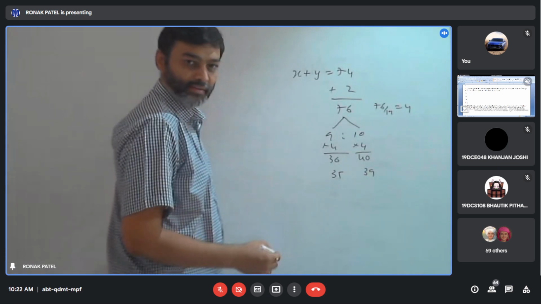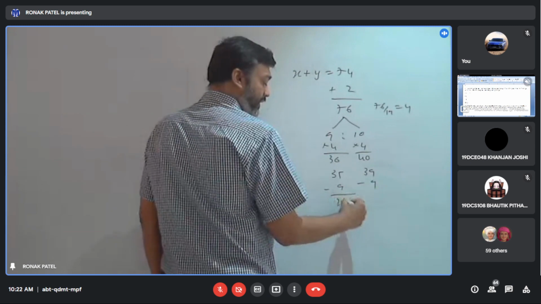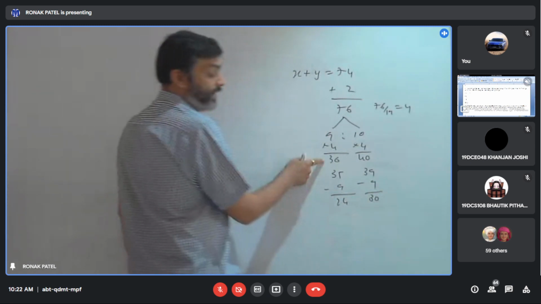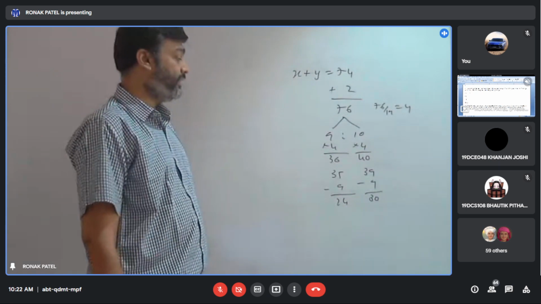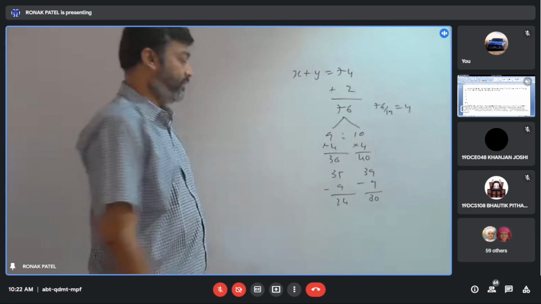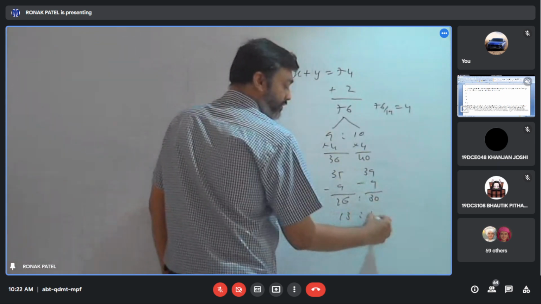And before 9 years, their age was minus 9, minus 9. So that makes 24 and 30. Or you can do directly, from this age you subtract directly 10 years. Oh sorry, this is 26, right? So the ratio will be 13 is to 15.